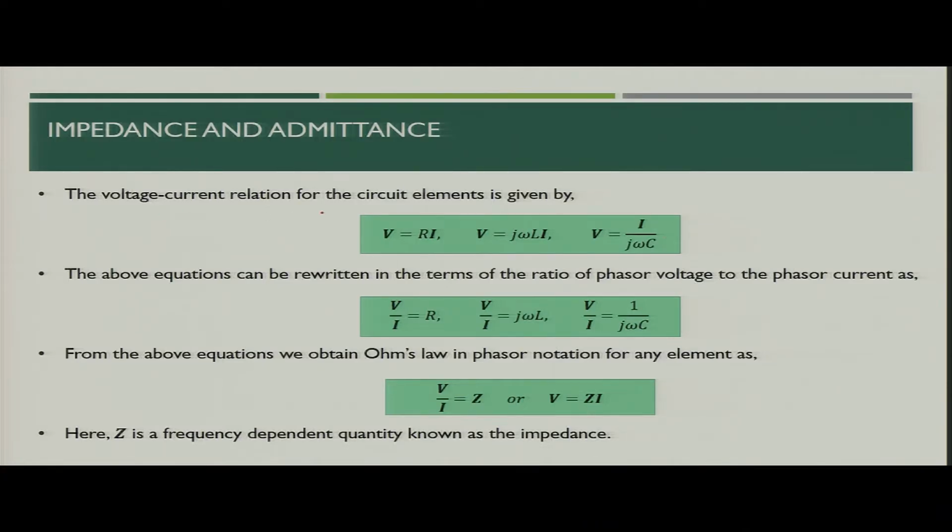Now, the voltage current relations which we have discussed till now were something like this. We had V phasor equal to R into I phasor; this was for the case of a resistor.